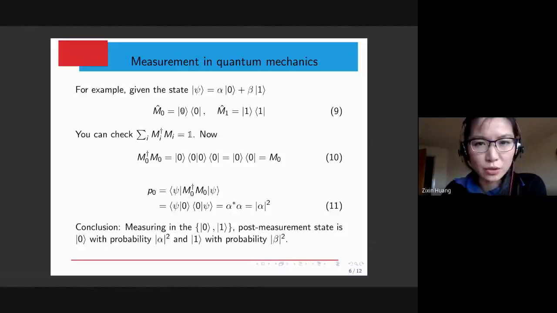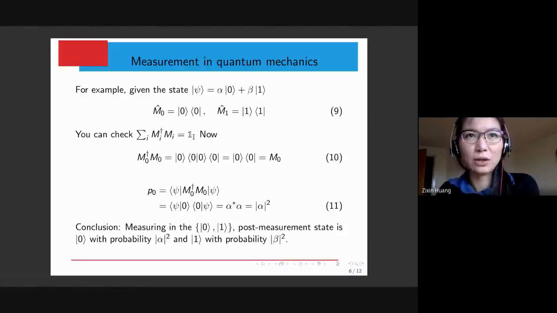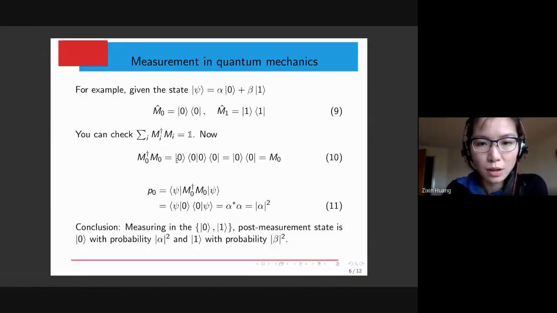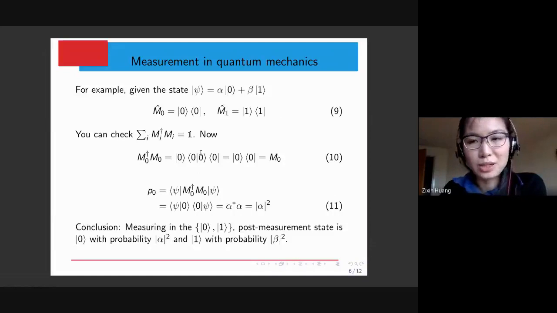You can check that M0 dagger M0 plus M1 dagger M1 sums to the identity. The identity acting on a qubit just means that it leaves the object unchanged. We can do this in either matrix notation or bracket notation; it should give you the same result, obviously.